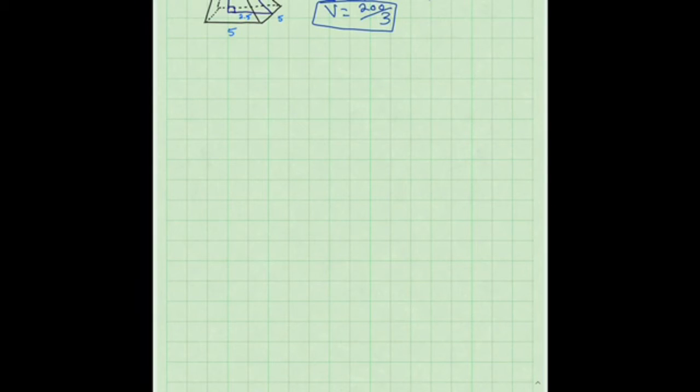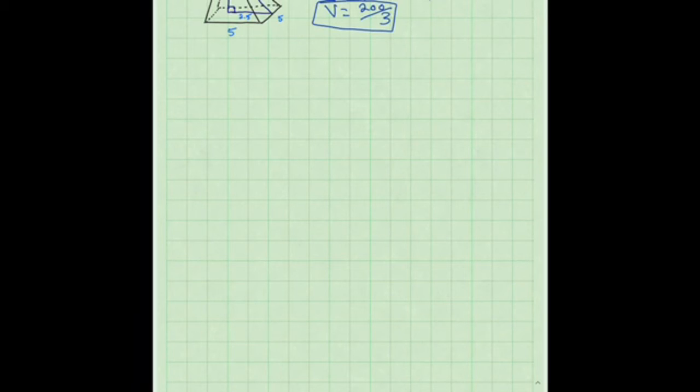Okay, so for surface area, this is actually a little trickier, which is why there's a little triangle inside the pyramid. You might have been confused on that. So let's set this up. We know that we need to get the area of all the sides.